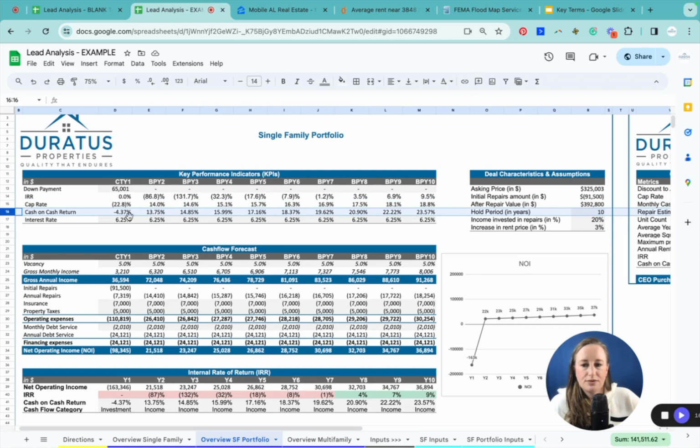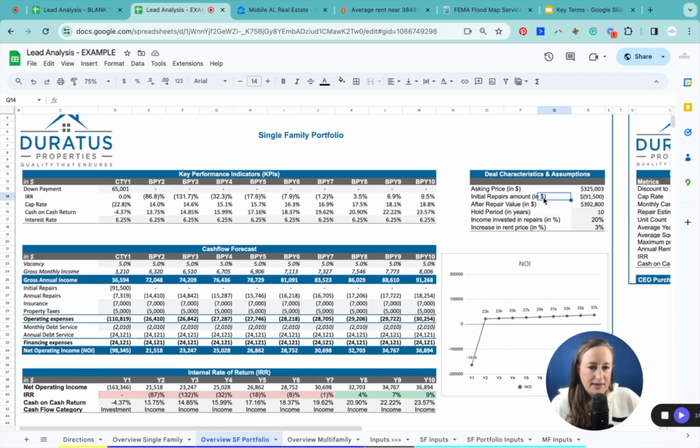Cash on cash return in year 1, not good because of the steep repair costs. We ended up estimating that this portfolio would take about $92,000 in initial repairs.